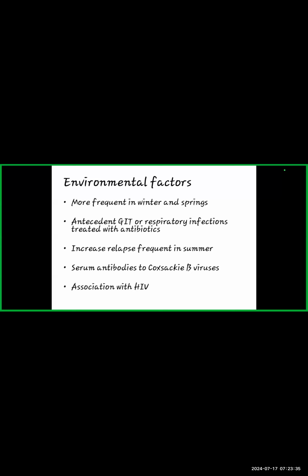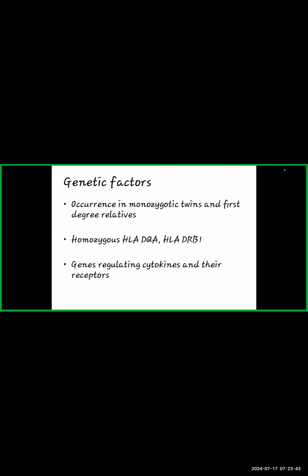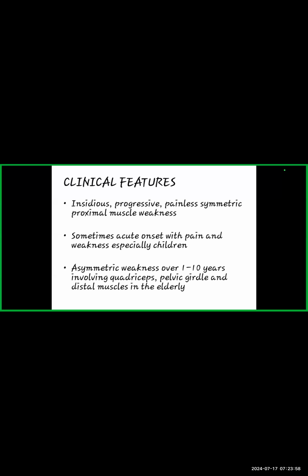This includes infections, such as infection by Kawasaki, infection by HIV, among others. There are also some genetic factors that increase the susceptibility of an individual developing them. This includes the human leukocyte antigen, DRB1. Also, it has been demonstrated in monozygotic twins as well.